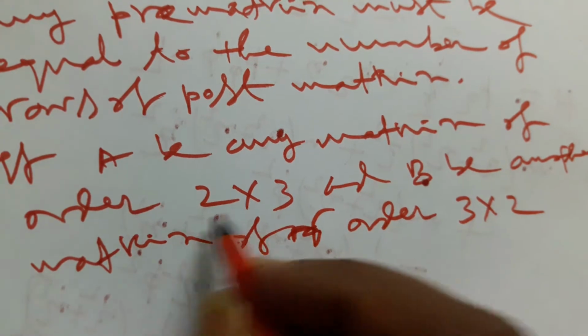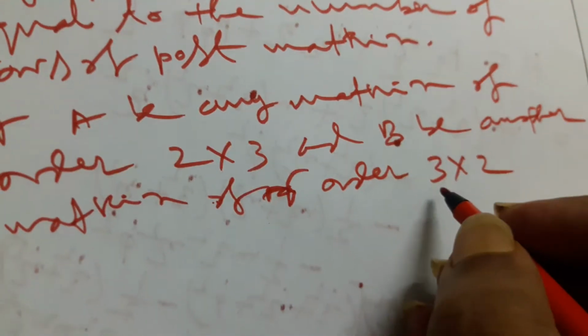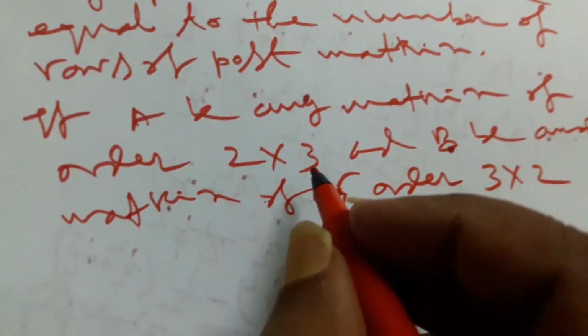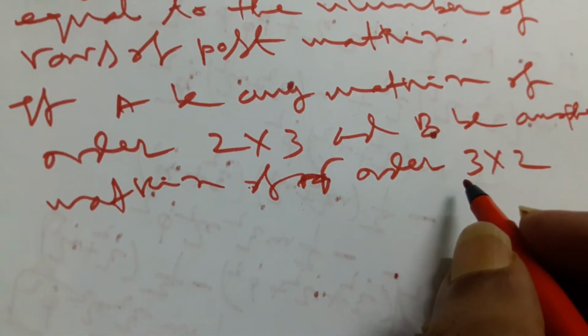The number of rows of A is 2 and the number of columns of A is 3, and here the number of rows of B is 3. So the number of columns of the first matrix, that is 3, is equal to the number of rows of the second matrix, which is 3.